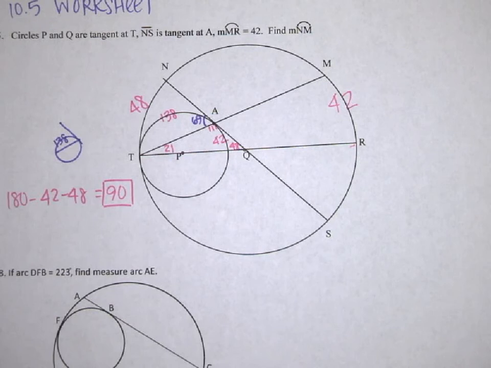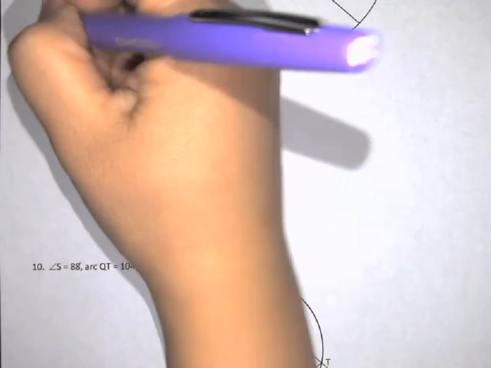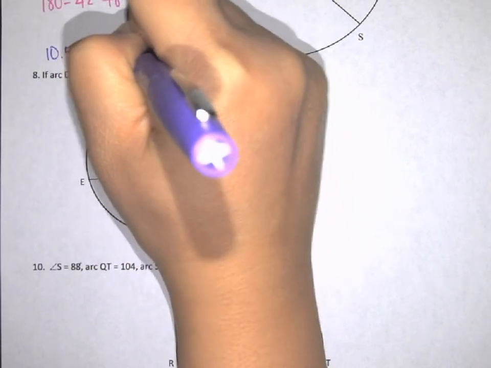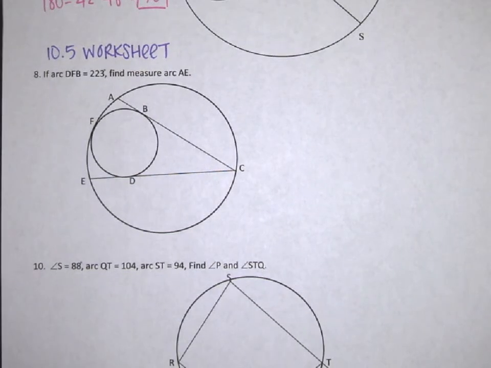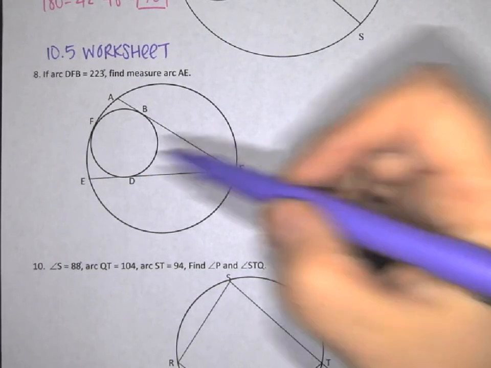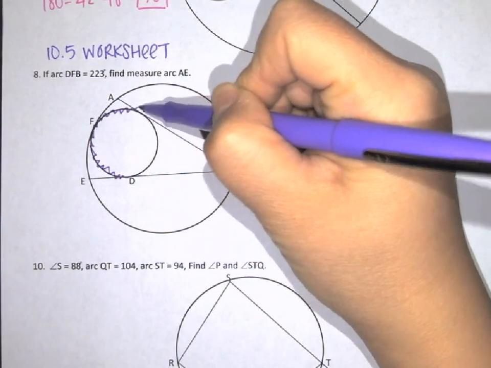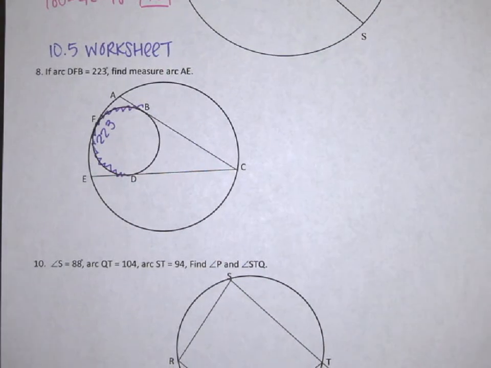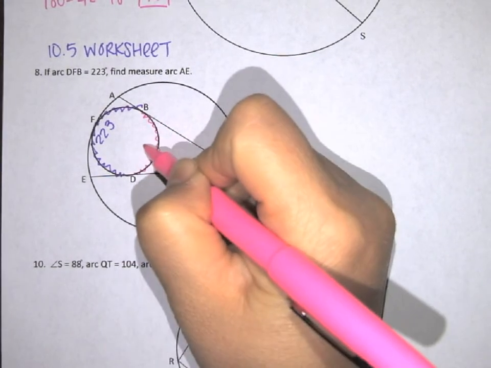The last question is number 8 in the same worksheet. So this is the 10.5 worksheet. So arc DFB from here to here is 223. Arc BD is the rest of the circle here, and that's 137.